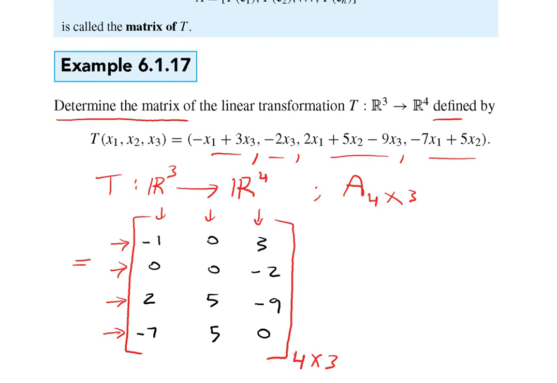You have 4 rows and 3 columns. And if you could test it, multiply it by the matrix x1, x2, x3. If you do that, you should end up with the output written on top.